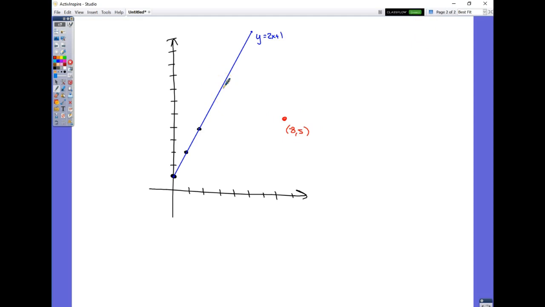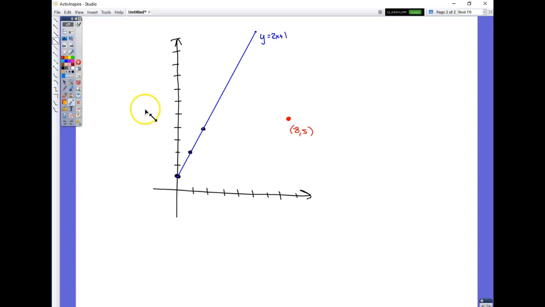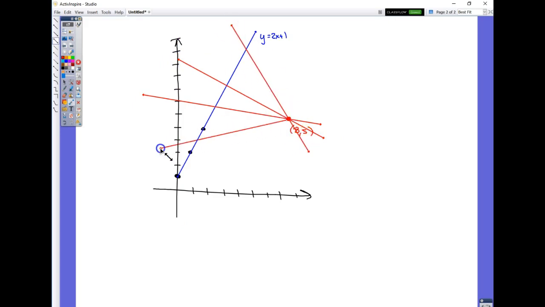So first you have to understand that when I ask about a distance, I'm not actually asking about any distance. In fact, there's a range of distances I can give you. There is a shortest distance, and then those distances increase as I go out. You can see this if I were to connect this point with the line in any way whatsoever, I could wind up having a whole slew of different distances.